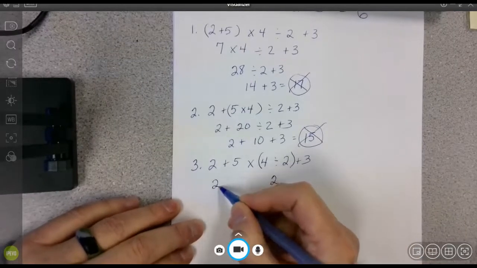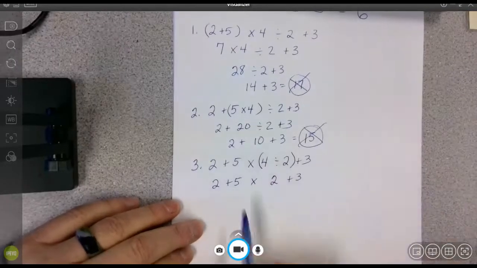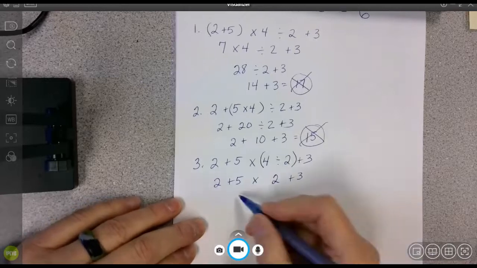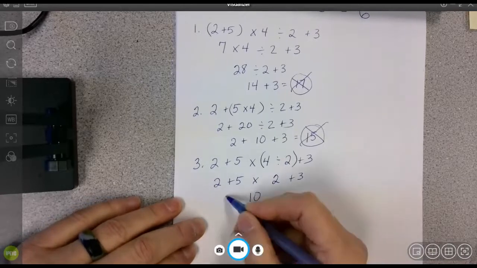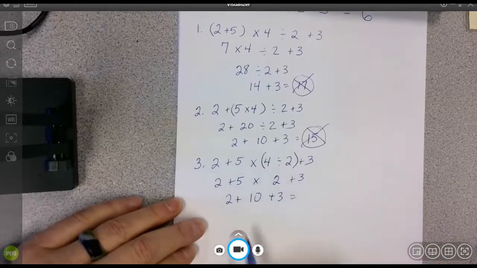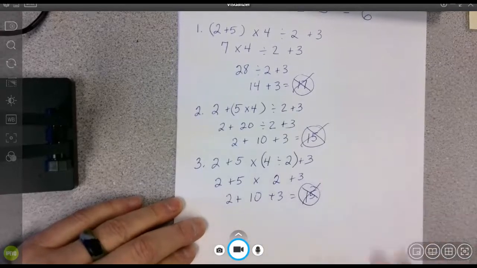Then I bring down the rest of my problem. Then I have adding, multiplication, and adding. Well, I know multiplication comes before adding, so 5 times 2 is 10. And I have 2 plus 10 is 12, plus 3 is 15. That also is not the correct answer.